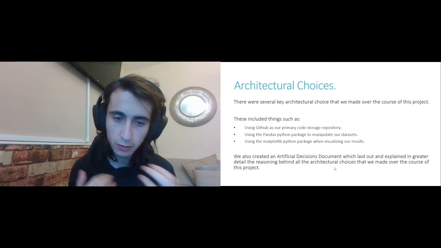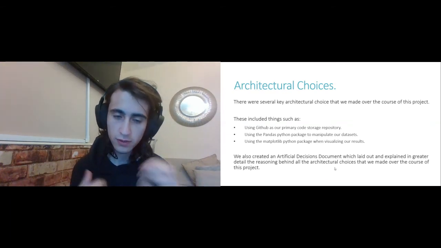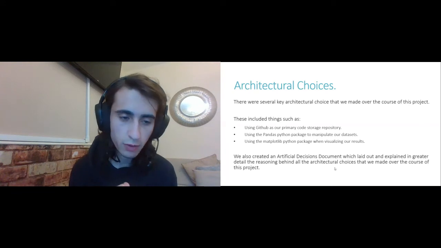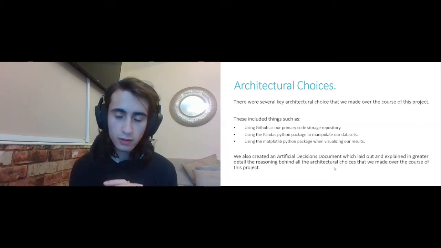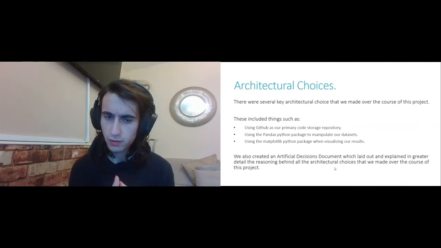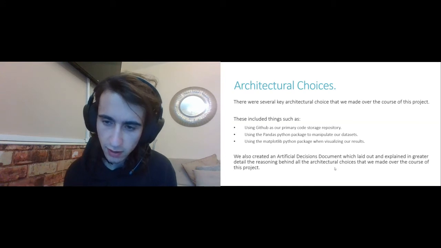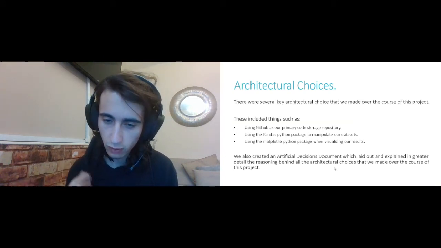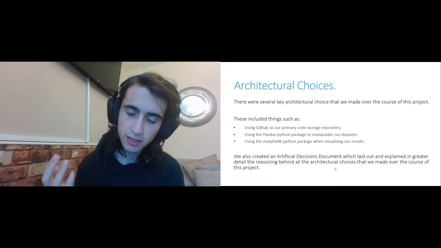We used matplotlib, which is a Python package, to visualize our results, and we also made use of Seaborn a little bit with our neural network models. We created as part of this project an ADD, which sets out the reasoning and explains in greater detail our rationale behind all the architectural choices that we made during this project.